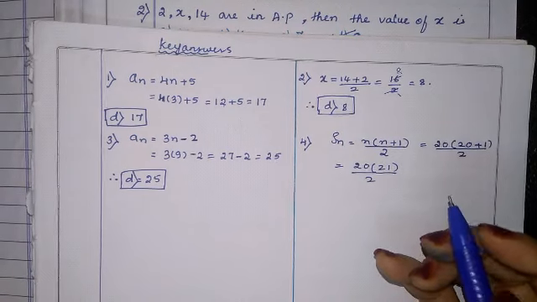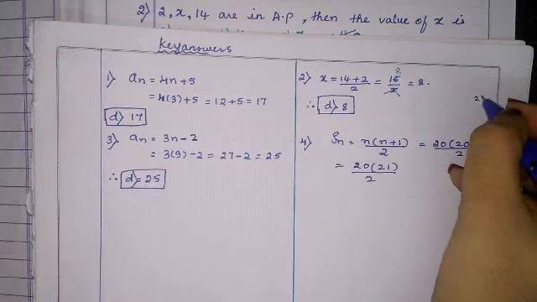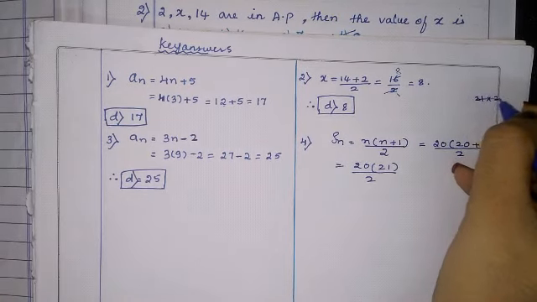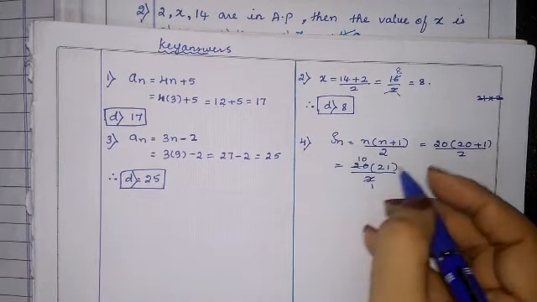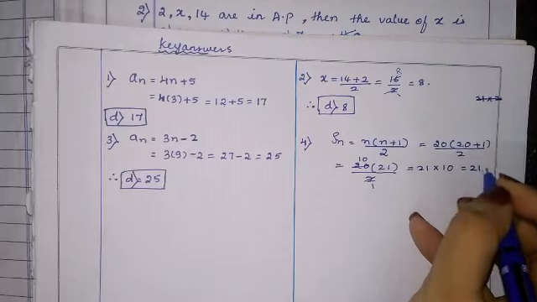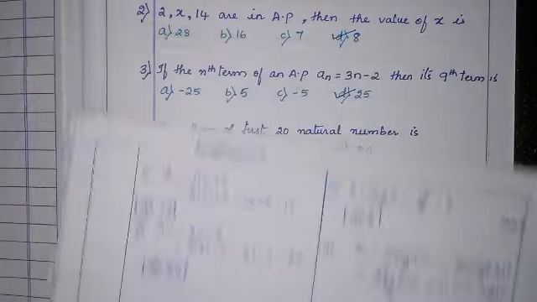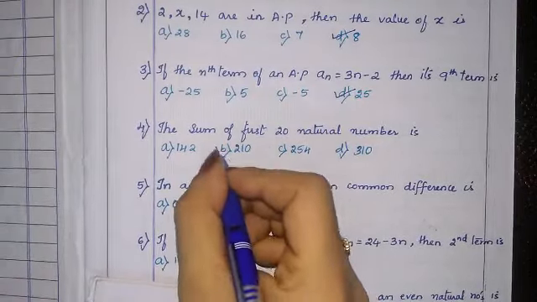We can directly cancel here. 2 ones are 2, 2 tens are 20. 21 into 10 is 210. So the correct answer is 210, that is option B.